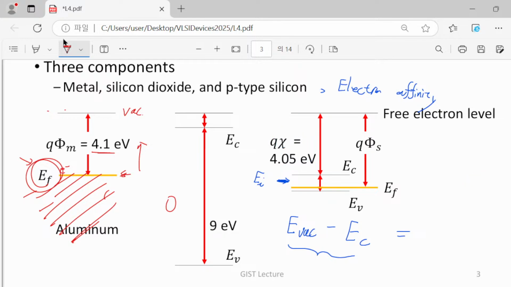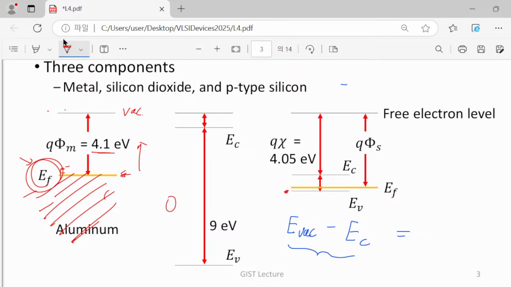Anyway, the electron affinity is given as 4.05 eV. It means that although you change your doping concentration, your electron affinity for silicon will always be 4.05, although the work function can change drastically, quite a lot from one value to another.